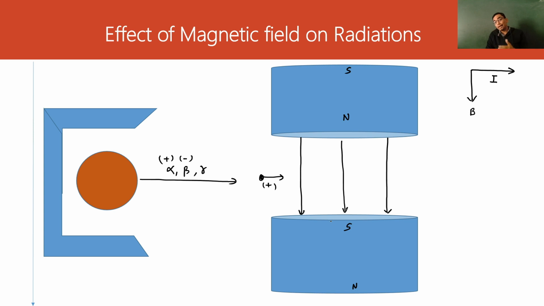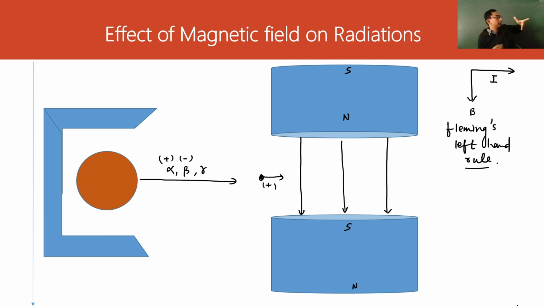Now you are supposed to find out the force on these particles, because any charged particle moving in a magnetic field would experience force. That is the Lorentz force, and Fleming's left hand rule would suggest the direction of that force.